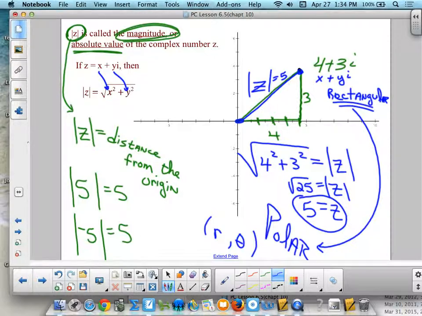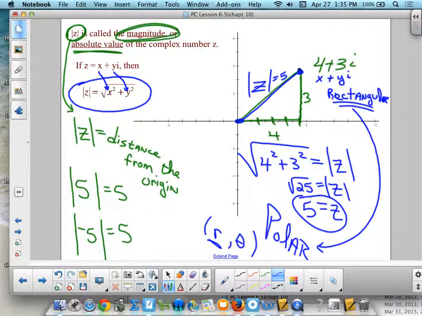So we can get that. That's so easy to get. All you have to do is take the square root of x squared plus y squared, and you get it. So here's the formula to find the absolute value of z, or the magnitude of z. That's all it is. Square root of x squared plus y squared. Which will help us find this number when it comes to polar.